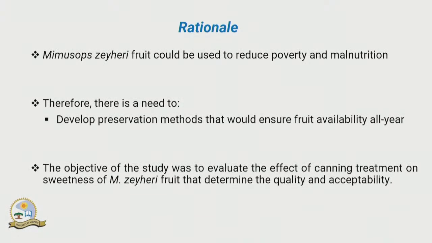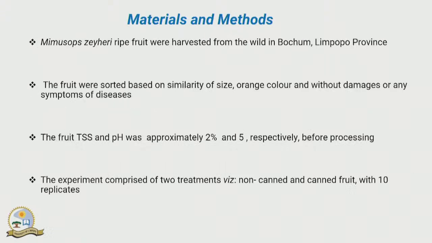Therefore, the objective was to evaluate the effect of canning treatment on sweetness of Mimusops zeyheri fruit. Sweetness determines quality, because most people would want fruit that is sweet as opposed to sour. So this is a determining quality factor in terms of acceptability by consumers.